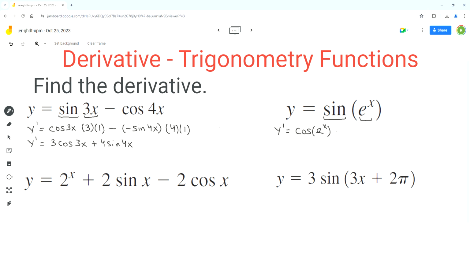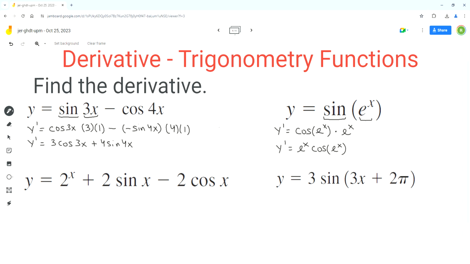Now times the derivative of the inner function, and the derivative of e to the power x is just e to the power x. Now we can rearrange the terms by writing the e term to the front of the cos term. So this should be the final answer for the derivative of this second function.